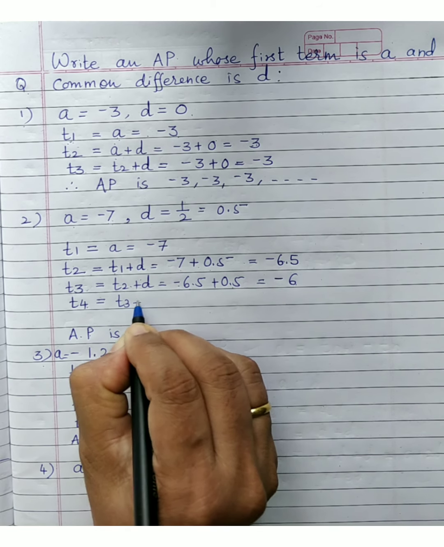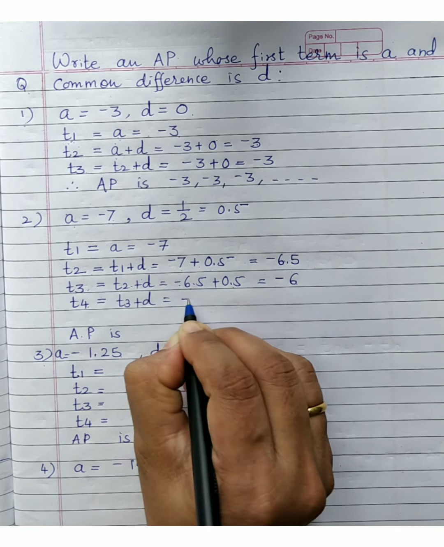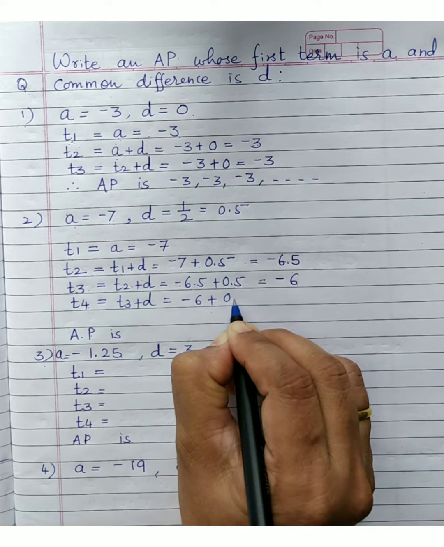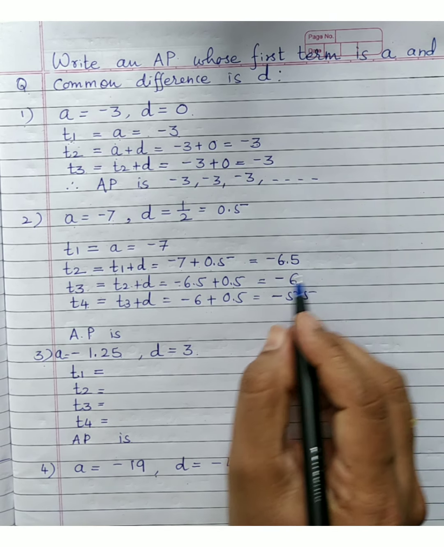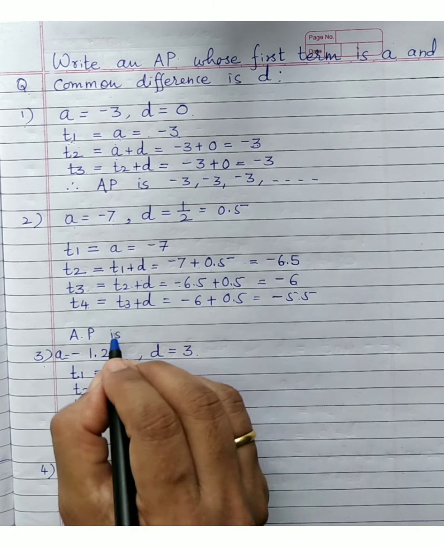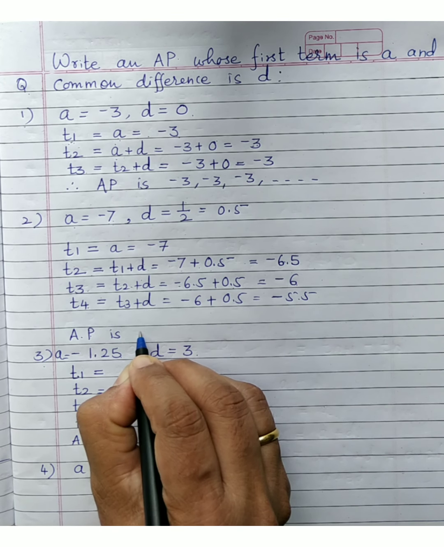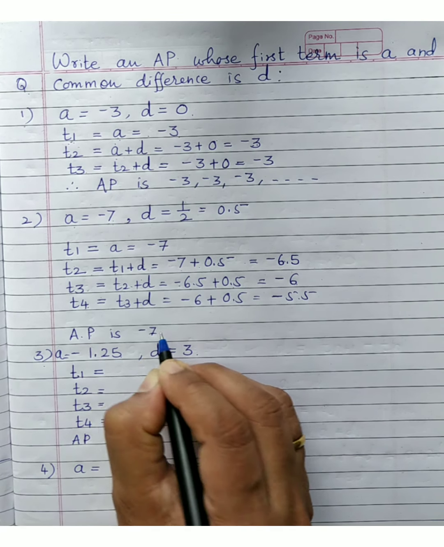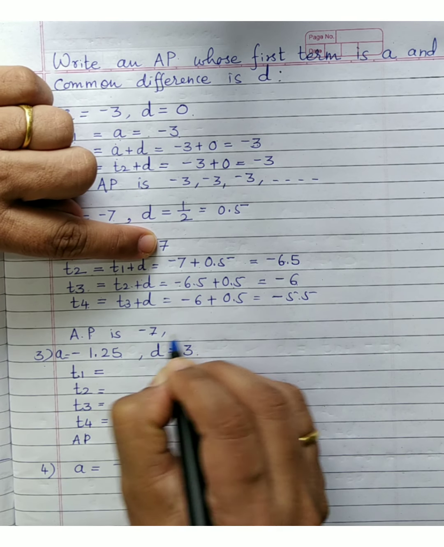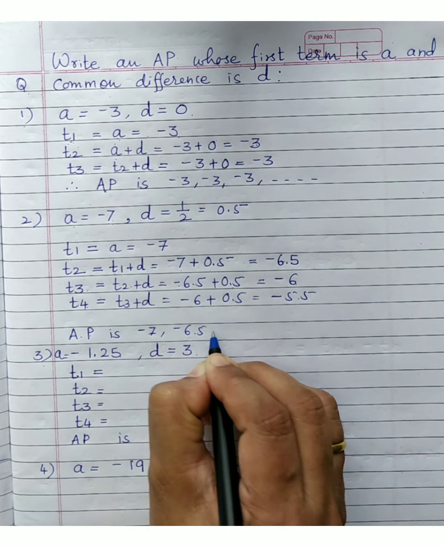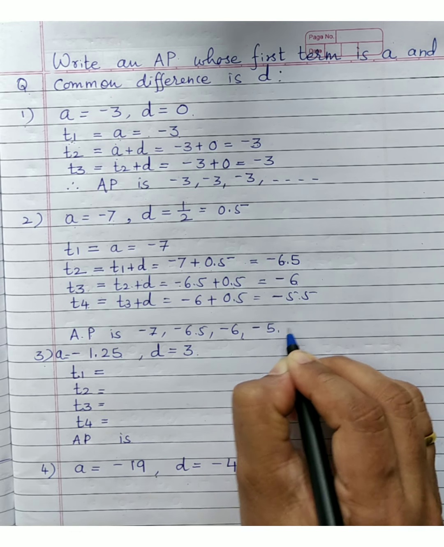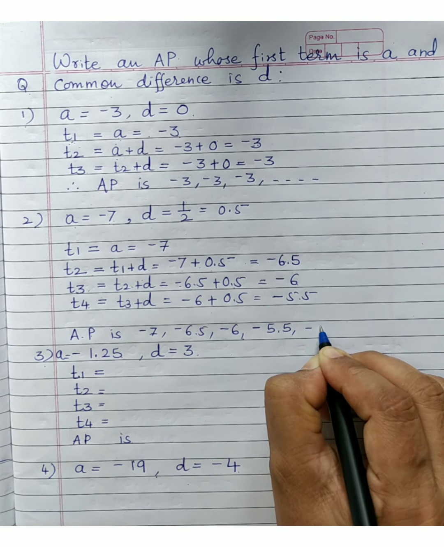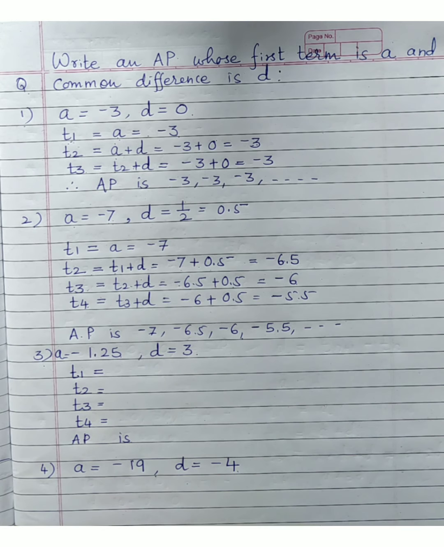T4, T3 plus D, minus 6 plus 0.5, that is minus 5.5. So what is the arithmetic progression obtained here? Minus 7. Do not forget this. Minus 7, minus 6.5, minus 6, minus 5.5, and so on.